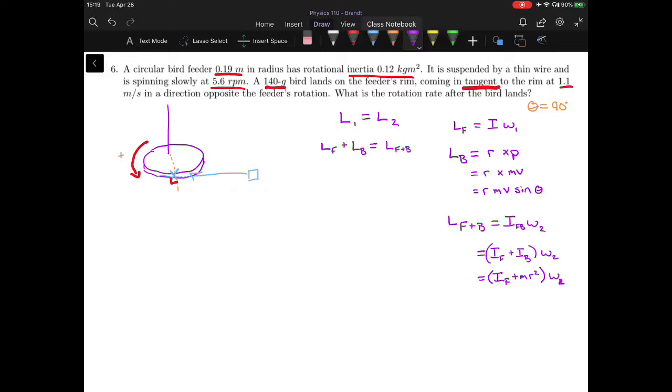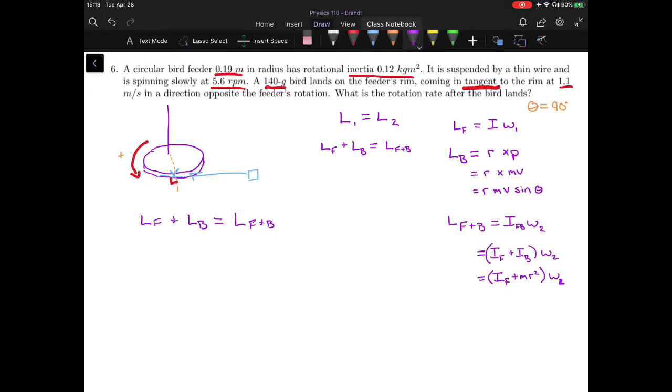So we have I_F, we already knew that. We know the mass of the bird, we know the radius that the bird's sitting at, and omega 2 is what we're looking for. So if we combine all of these back up into our equation, we have L_F plus L_B equals L_F+B.